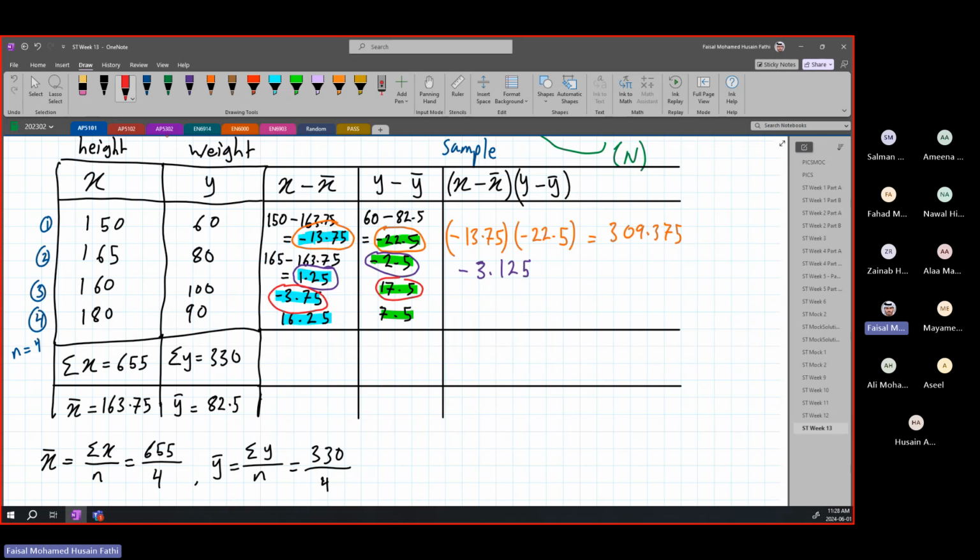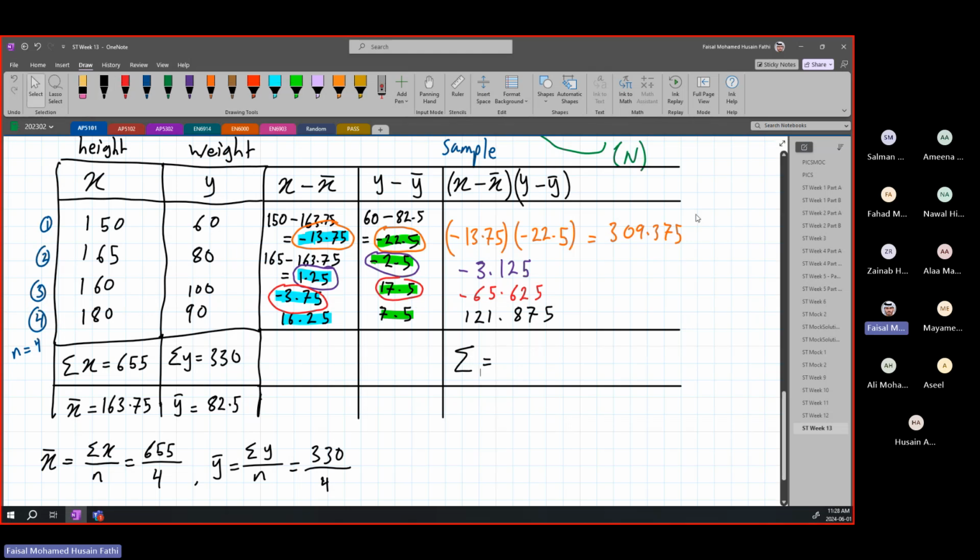It's going to be negative 3.75 times 17.5, which is negative 65.625. And the last one is 16.25 times 7.5, which is 121.875.